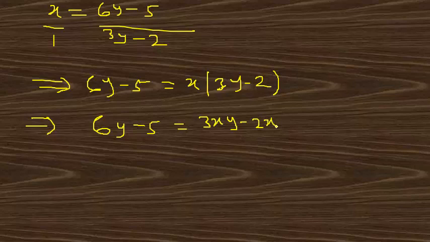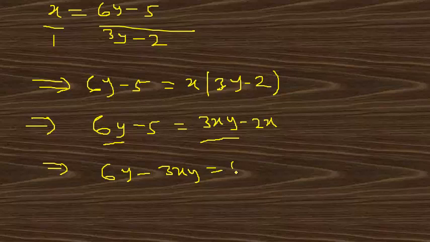Okay, now we are after y, so let's group like terms here. So we have y here and y there, so we have 2y minus 3xy equals 5 minus 6x.